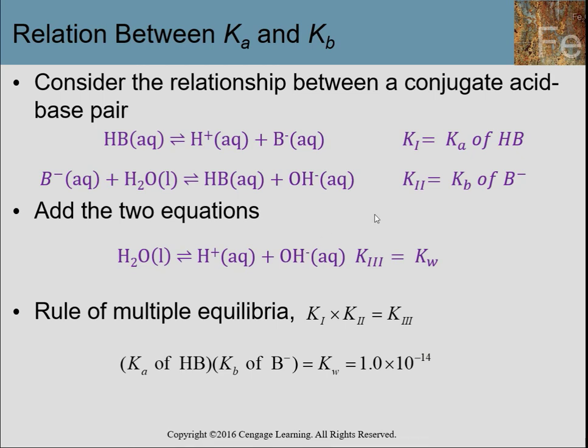The relationship between the two is that the Ka for HB times the Kb for B is going to be the same as Kw, 1.0 times 10 to the negative 14th. So essentially, Ka times Kb for a conjugate acid-base pair is going to be equal to the Kw, or 1.0 times 10 to the negative 14th.